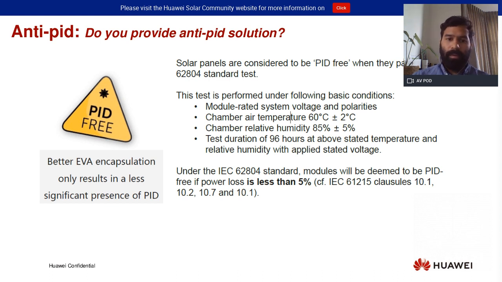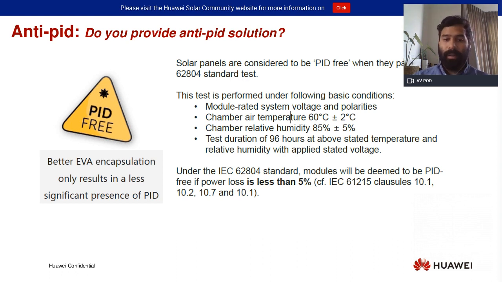This is a test in which the air temperature and the humidity will be changed. But the important point here is that under this test, the module can be considered PID free if the power loss after the test is less than 5%, meaning that you could have PID free modules, but still have a 5% loss due to PID.